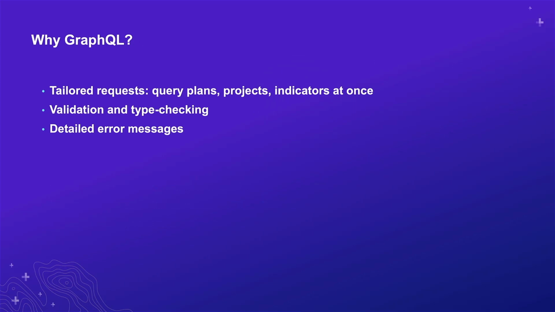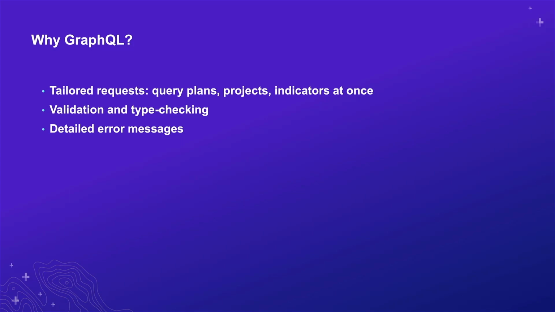We chose GraphQL for a couple of reasons. One is the ability to have tailored requests, so that, for example, you could query plans, projects, and indicators all at once, or portions of those. So you don't need to create special REST routes for each of these requests. You can just assemble them as you want.